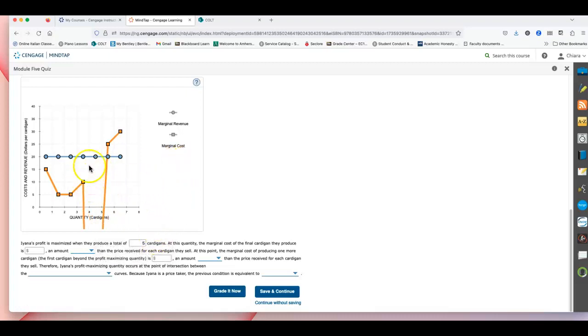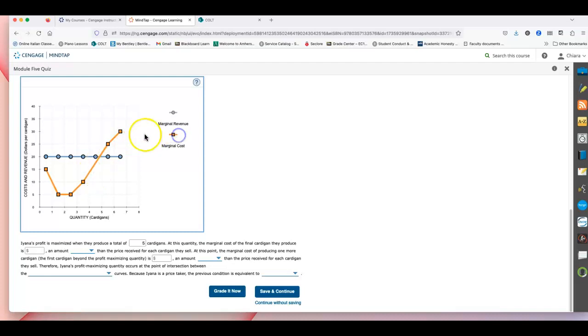Whoops, what did I do here? I ruined my dot. Whoops. Okay, I need to redraw my curve because that didn't work. So 4, 15, 5, 25, and 6, 30. Perfect. So my marginal cost we said was 15. I clicked on 4 to 5, it was 15.